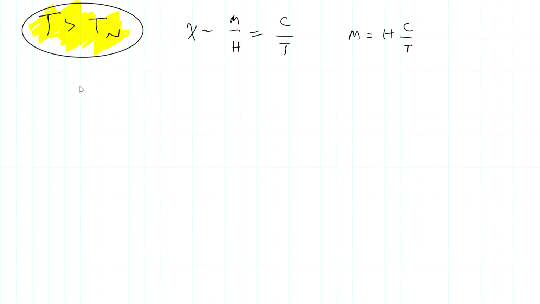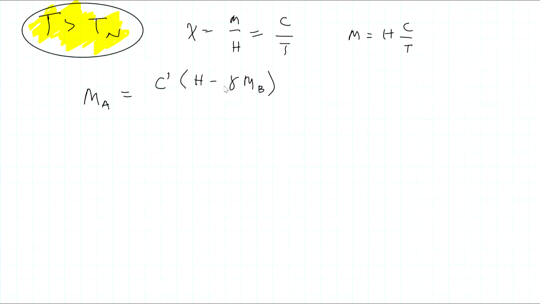Now let's apply it to sublattices. M_A would be some C prime, which we don't know, times H minus the molecular field, gamma M_B, over the temperature.